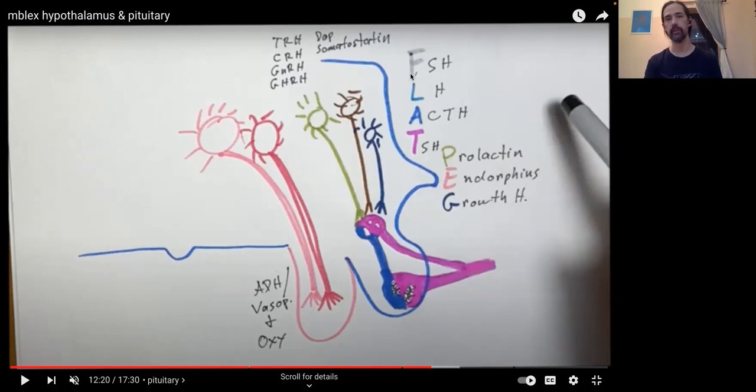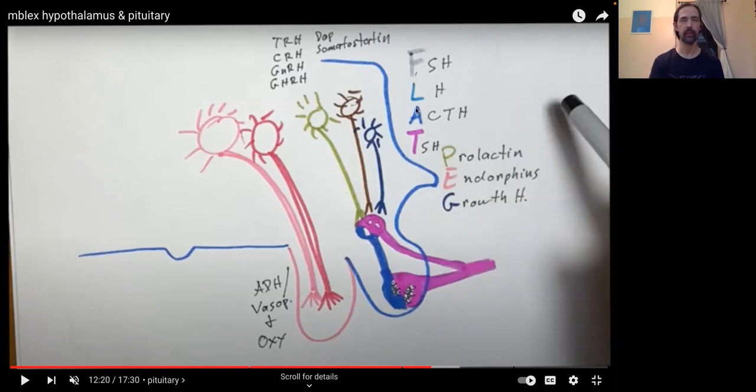So follicle stimulating hormone causes the maturation of a follicle, which is the earliest form of an egg or an ovum in an ovary. Follicle stimulating hormone causes the maturation of an egg.